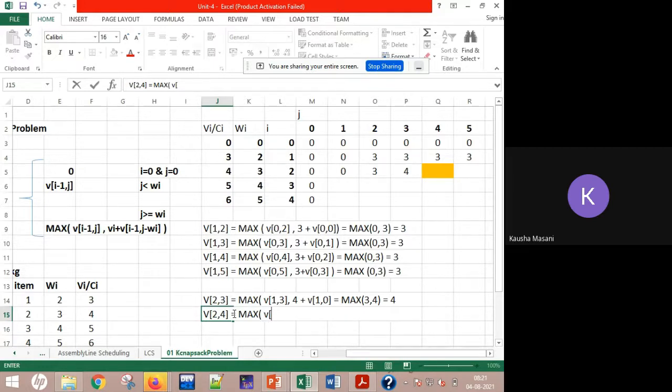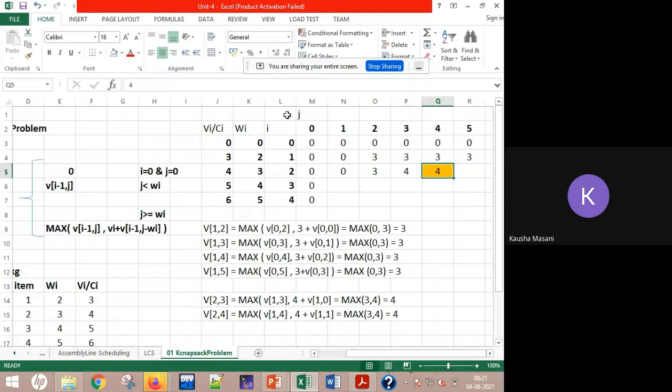Please ask. I'm directly writing here V of 1 comma 4, comma 4 plus V of 1 comma 1. So that is equal to max of V of 1 comma 4, which is 3, and V of 1 comma 1, which is again 0. So it will be 4 here.